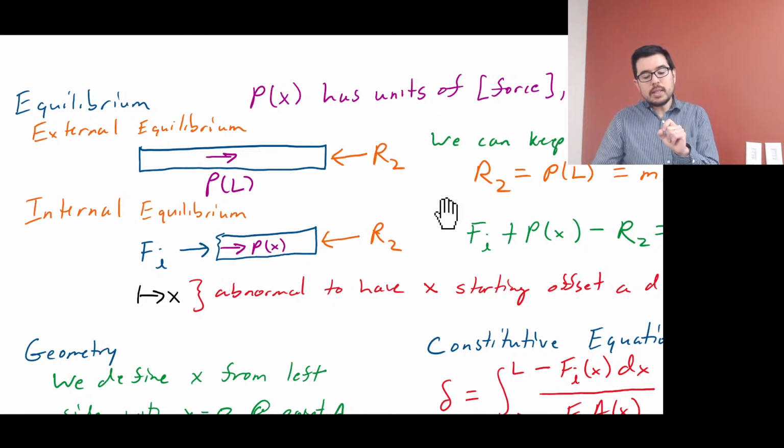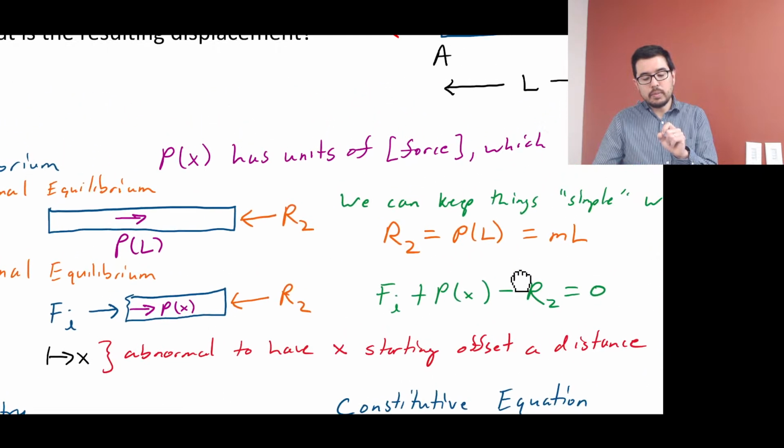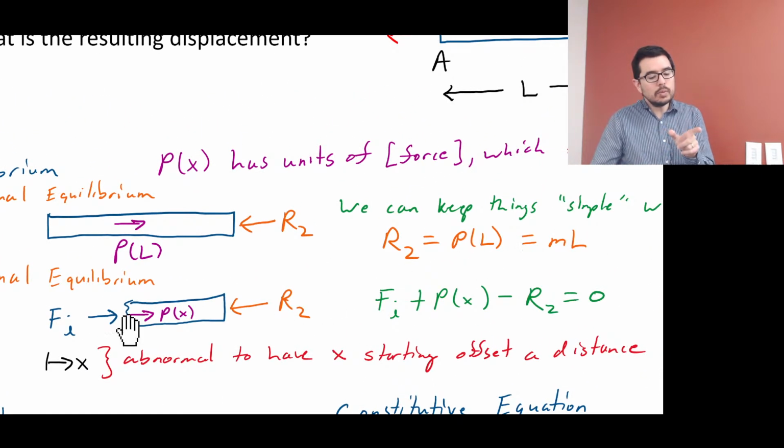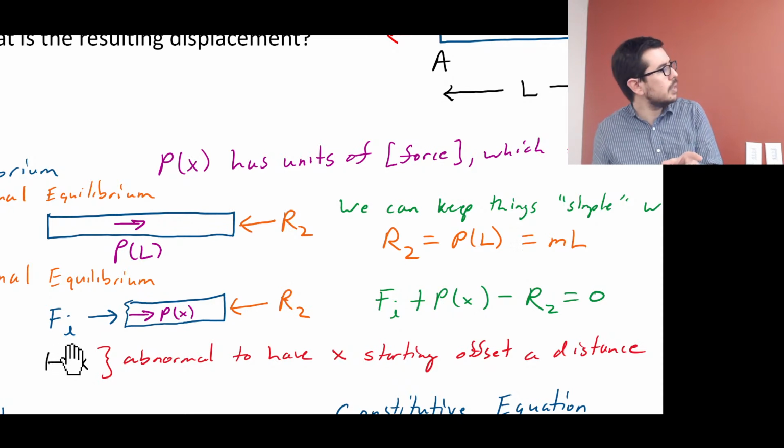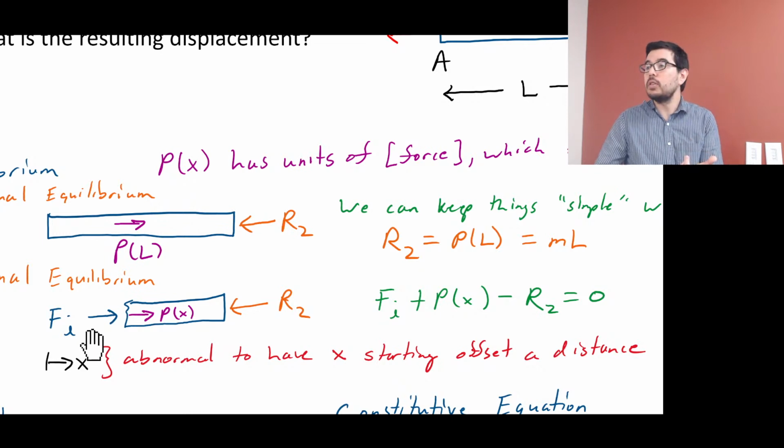Well, we said that R2 was mL a second ago, right? That was right here. R2 is mL. So that means that P of x is going to be less than this R2, which means now we need some type of internal force to be present to counteract, to make this be in equilibrium. We need a non-zero internal force. So that's what we've drawn here.